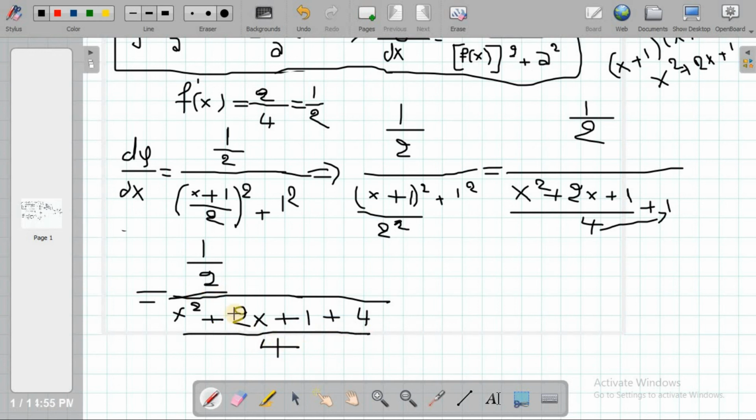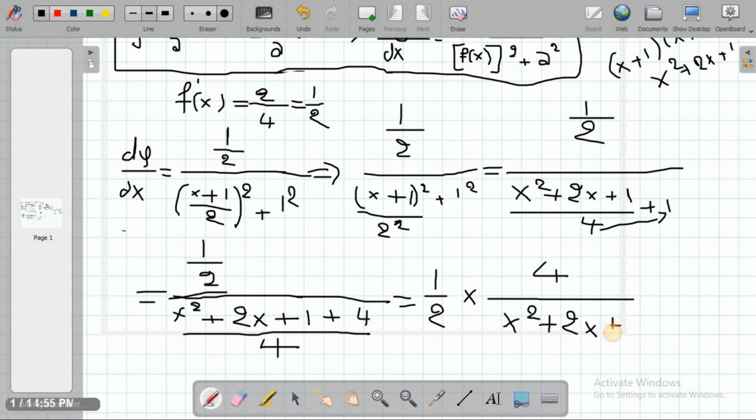Because we have a fraction over a fraction, we can change it by saying 1 over 2 times 4 over, because the one down there must change. The denominator will be the numerator, the numerator will be the denominator. So we're going to have x squared plus 2x plus 5.